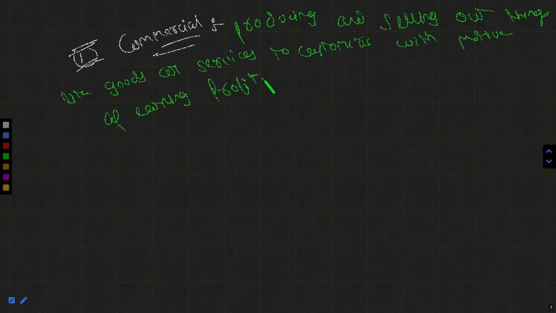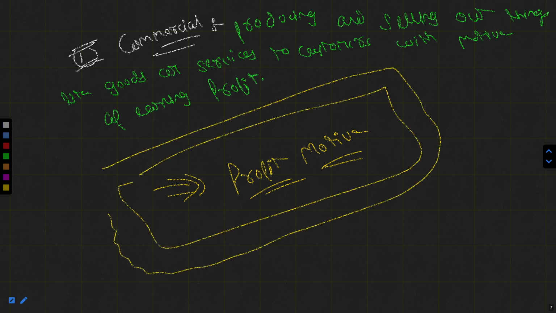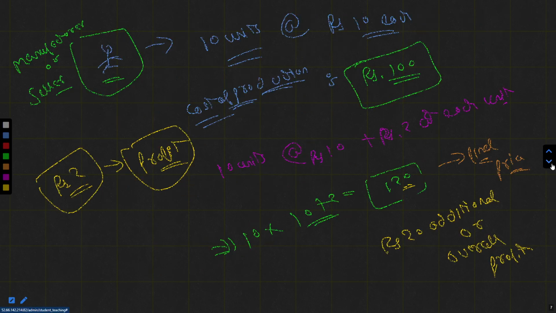This is the basic definition of commercialness. It means that whatever services or goods are being offered to the customer to purchase, all of these things are being done for earning one and one only profit motive. Remember this thing. Now I hope that your understanding of commercialness is clear.